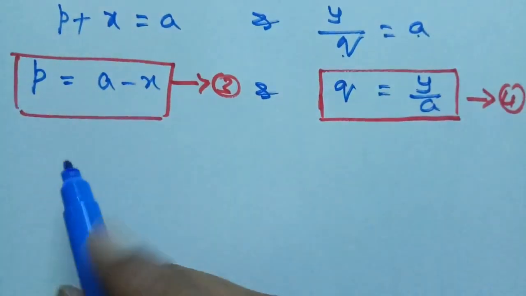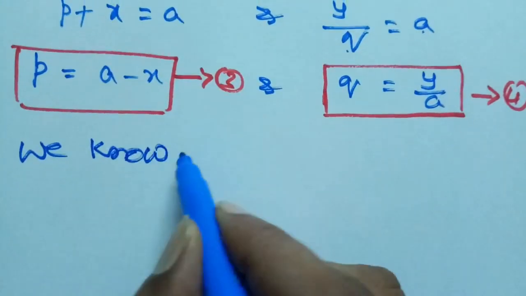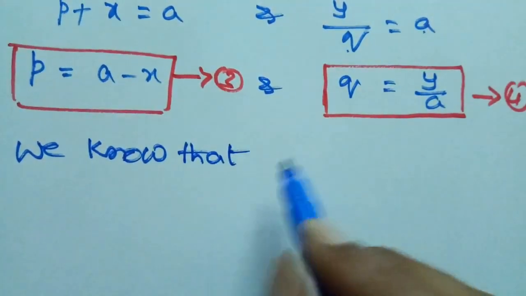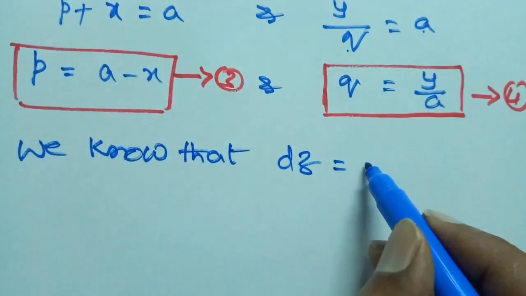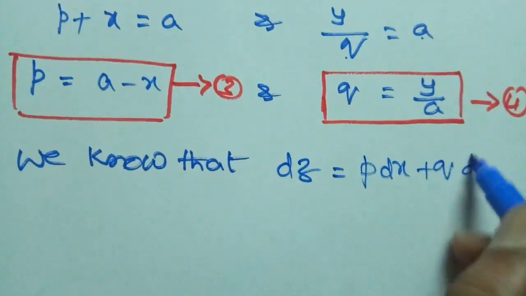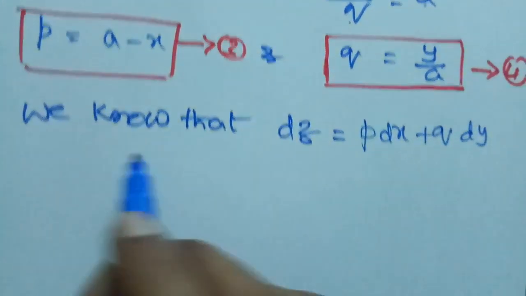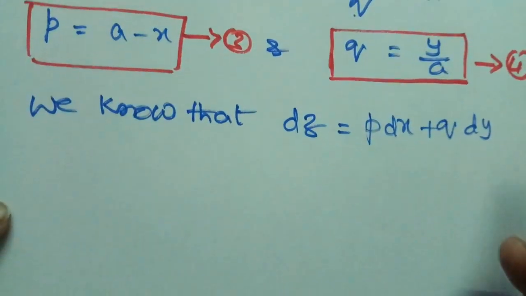Now we know that, as explained in the theory, dz is equal to p into dx plus q into dy. Say this is equation number 5.